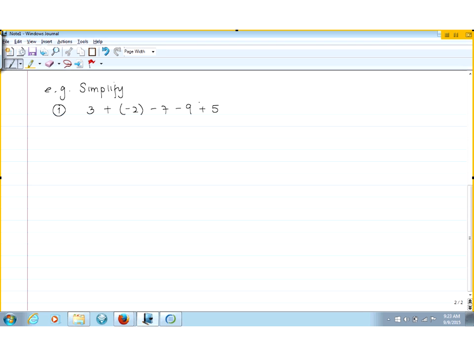Okay. Now, we could write all into addition. Then number 2, we have 8 minus 7 minus 15 plus 2 minus 9. Okay.